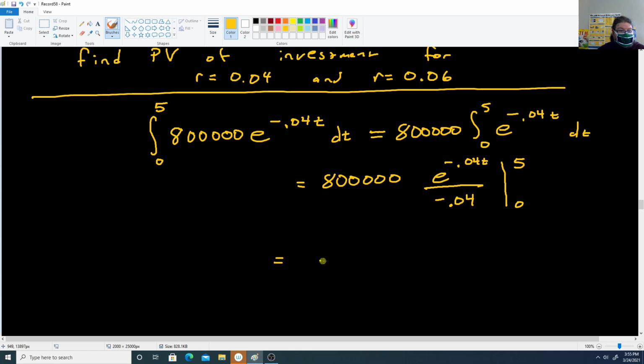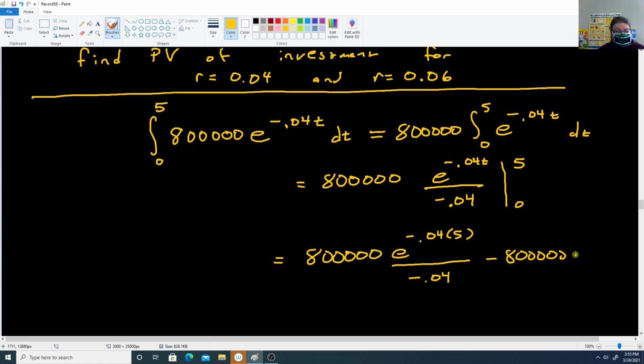So this will be 800,000 e to the negative 0.04 times 5, all over negative 0.04, minus 800,000 e to the negative 0.04 times 0, all over negative 0.04.